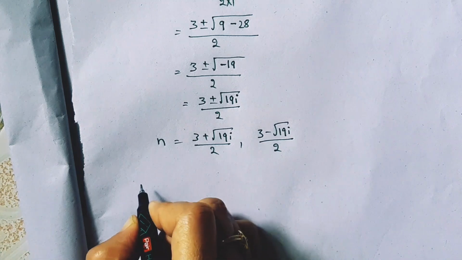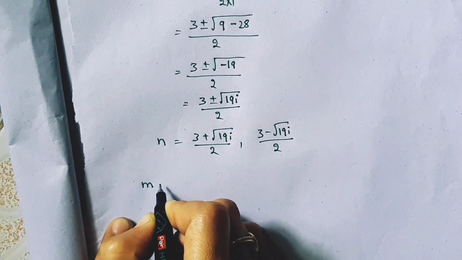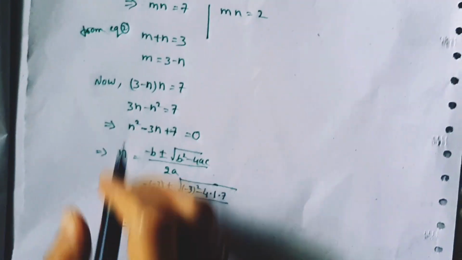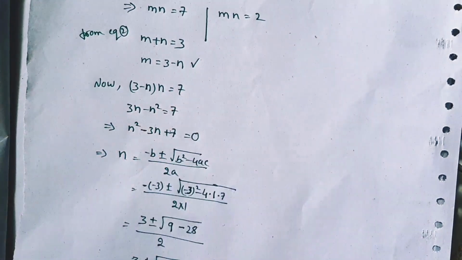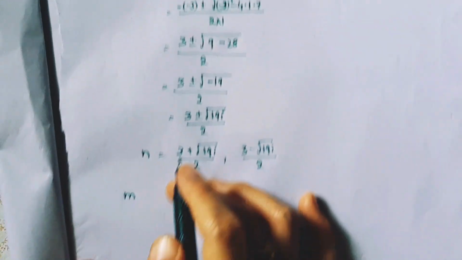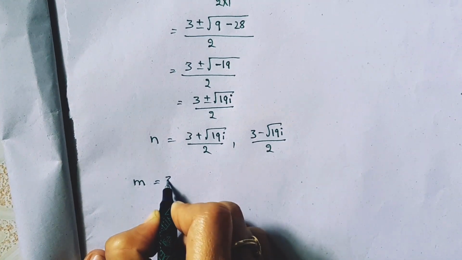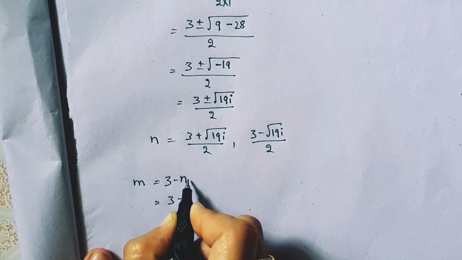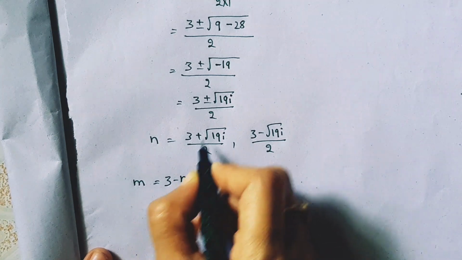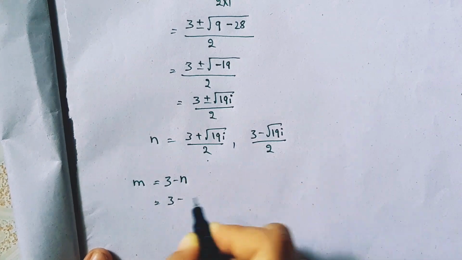Now we need to find out the value of m. We know that m equals 3 minus n. Here we are going to subtract this n value. So m equals 3 minus n, that implies 3 minus the value of n. First we'll take this one, after that we'll take that.